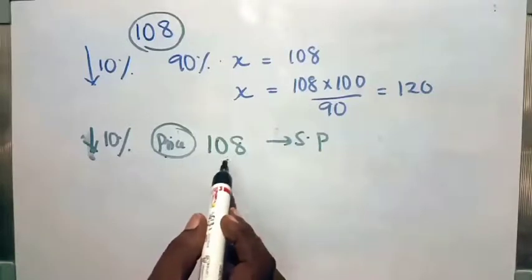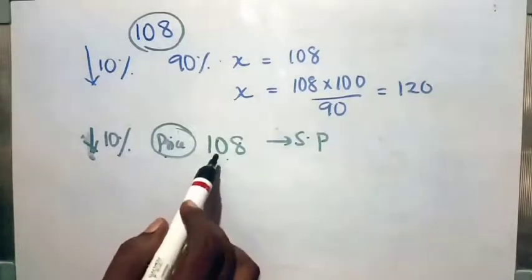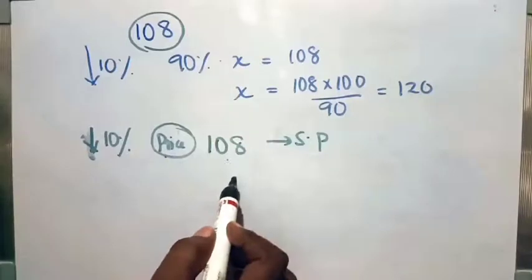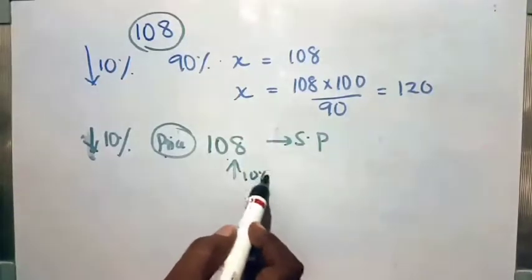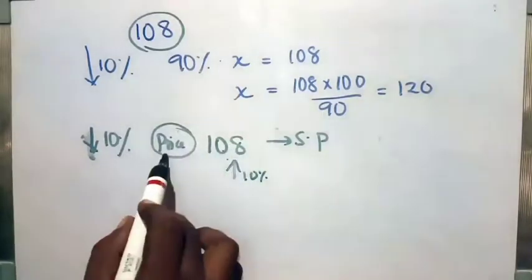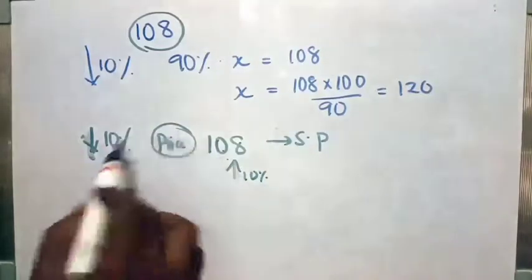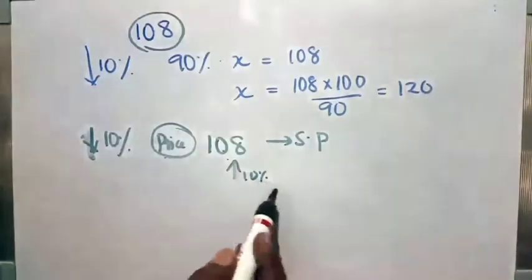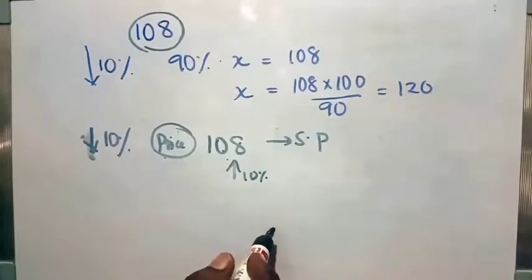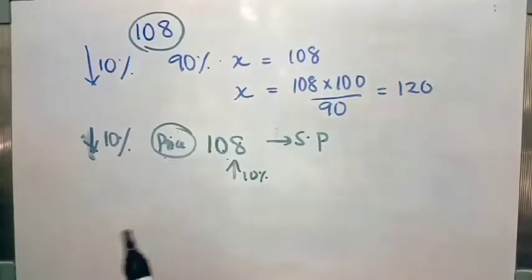So here we get a misconception that if you increase 10% for 108, we will get the original price, because of the reverse process. No, that is wrong. In the case of percentages, that reverse process will not give us the answer. Okay.